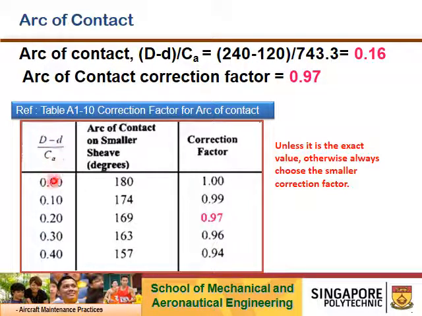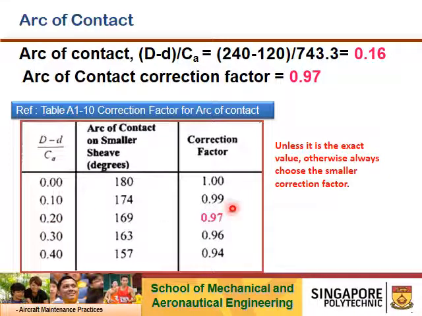You realize that when you achieve 0.00, your two pulleys have the same size. 240 minus 240, you will get 0, because 0 divided by any CA is 0. So that's why the correction factor is 1. So we always go for the lower correction factor.